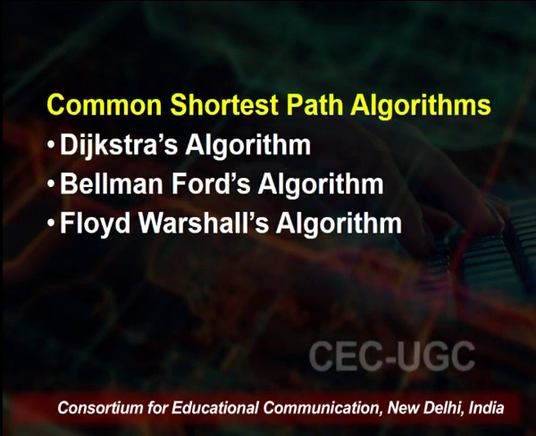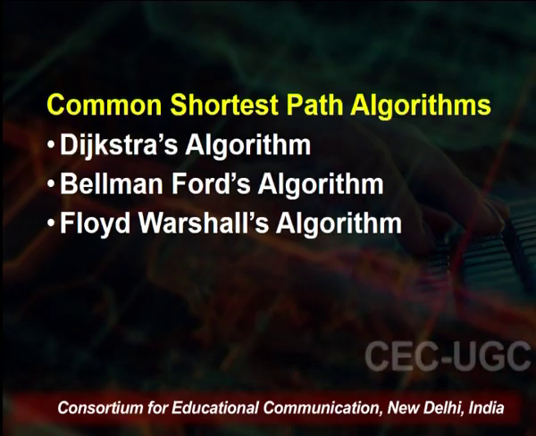The common ones are Dijkstra's algorithm, Bellman-Ford algorithm, then the third is the Floyd-Warshall algorithm, and we are going to look into all these 3 algorithms, but these are not necessarily the only ones available. What I am trying to say is the list is not exhaustive.